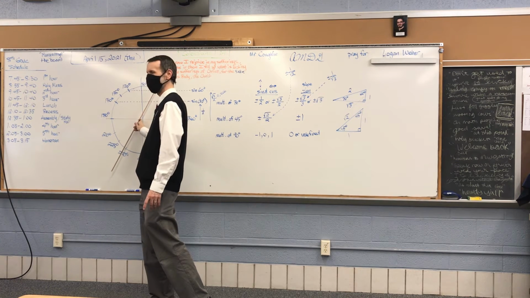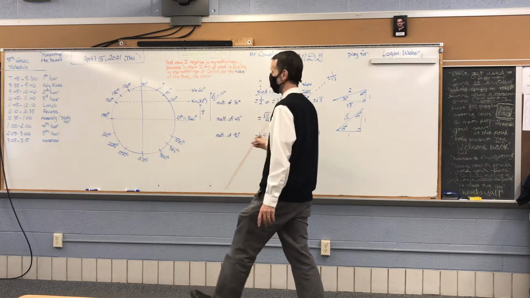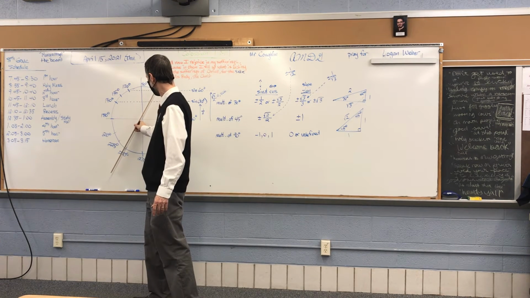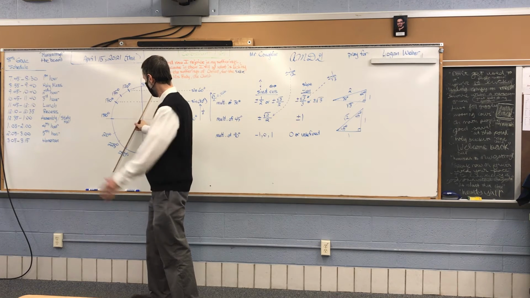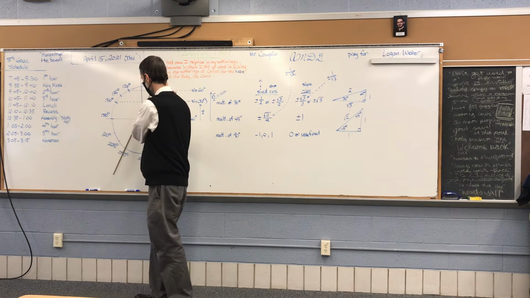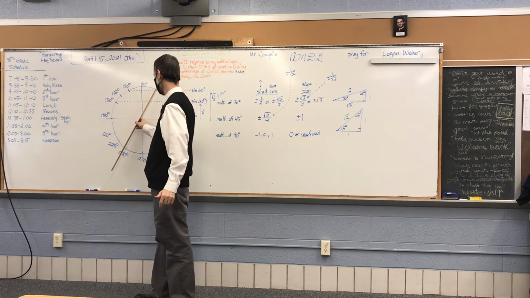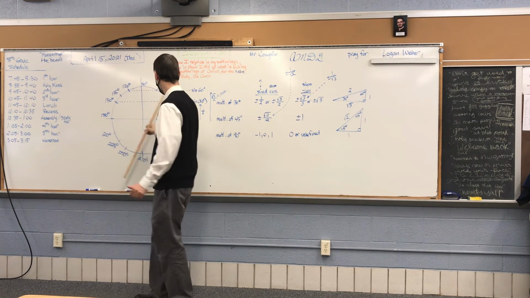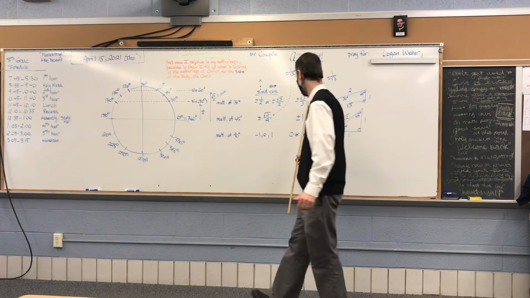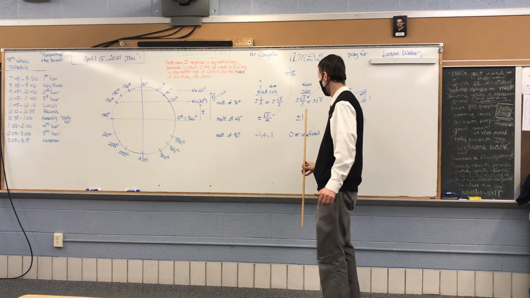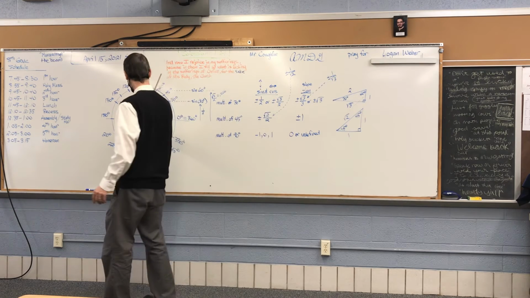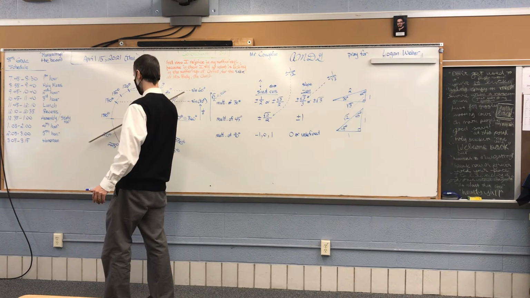What does tangent mean on the unit circle? Slope. So does this look like it's sloping positive or negative, if you read from left to right? Positive. It's going uphill. Is it going uphill a lot or a little? Compare it to 30. A lot. So which of these two do you think it is? Radical 3. Correct. This is radical 3. This is radical 3 over 3, which is smaller.